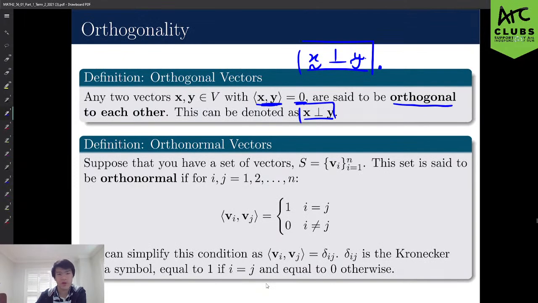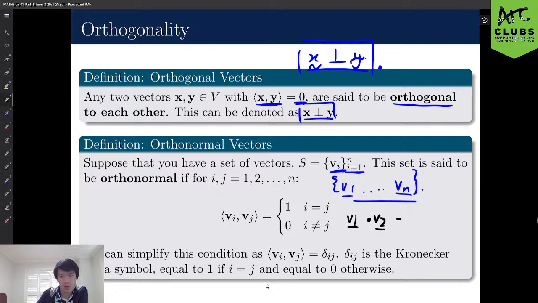The other thing is that if we have a set of vectors, and they're all orthogonal with each other, let's take this set, vi from i equals 1 to n, so v1 all the way down to vn. This set is going to be orthonormal if we have two properties. The first one is that they're all orthogonal to each other. So v1 dot v2 will be equal to 0, and v1 dot v3 is going to be equal to 0.